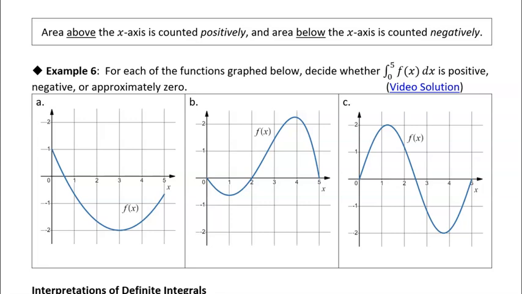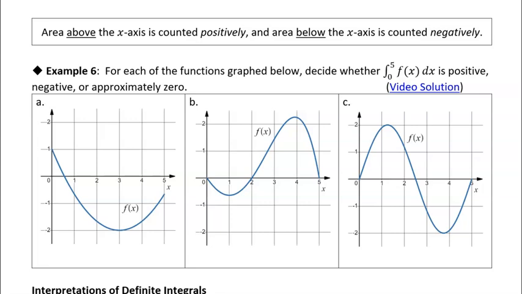But in general, if we're integrating a function, area above the x-axis, or the horizontal axis, is counted positively, right? It's counted as positive area, and area below the horizontal axis between the graph of the function and the horizontal axis is counted as negative area.